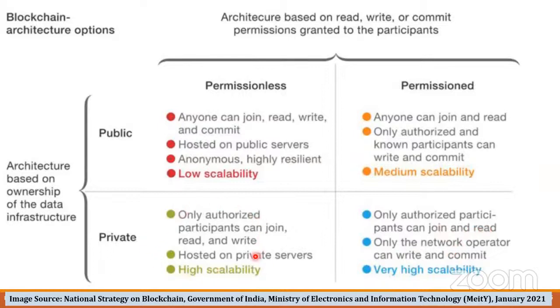So what is the difference between private and permissionless? As I told you, for running the mess service, every student will have equal rights, and the mess contractor, the mess service provider, will also have equal rights.